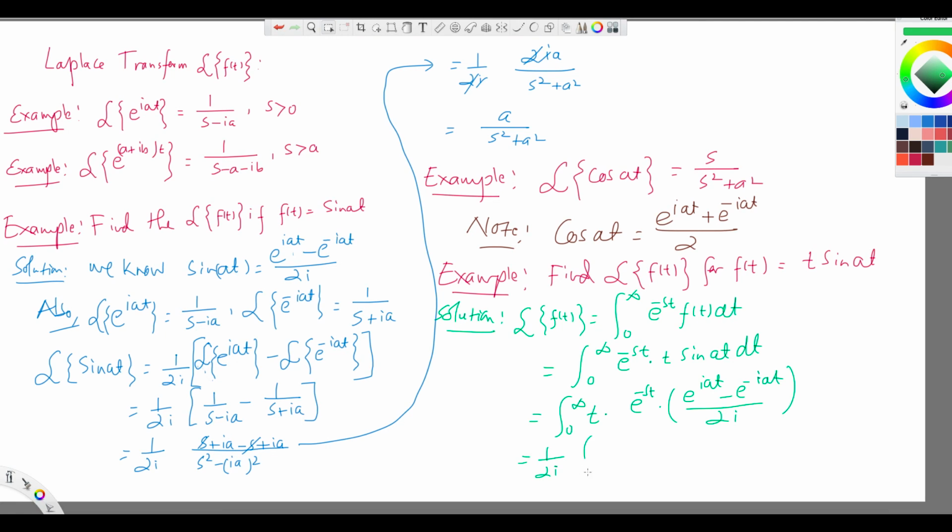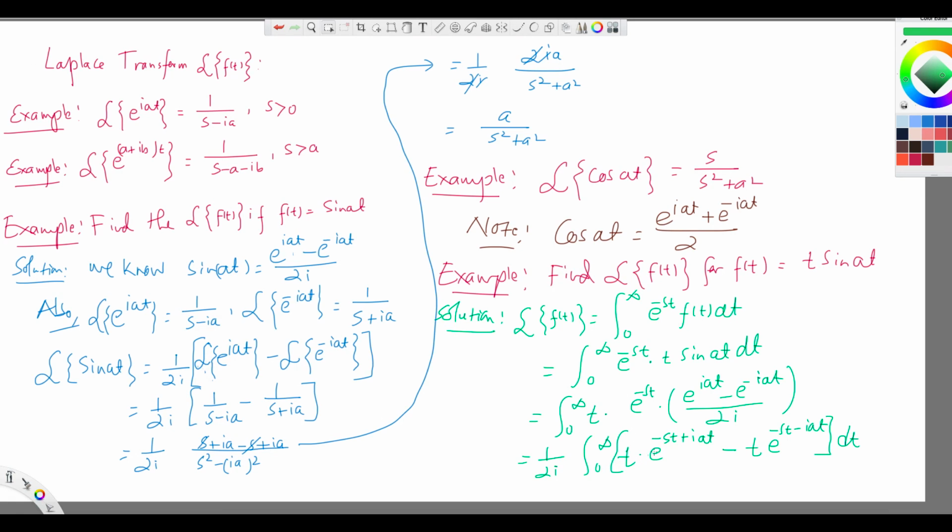You see that? And then 0 to infinity. Now I distribute this to both of these and then combine. So what I will get there is basically e to the negative (s minus ia)t, right? So I'll get t times e to the negative (s minus ia)t, and then minus t times e to the negative (s plus ia)t. You see that? And then dt. This is what you get.